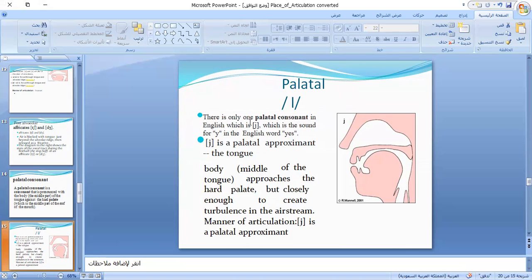The only palatal consonant in English is ya, like yes.